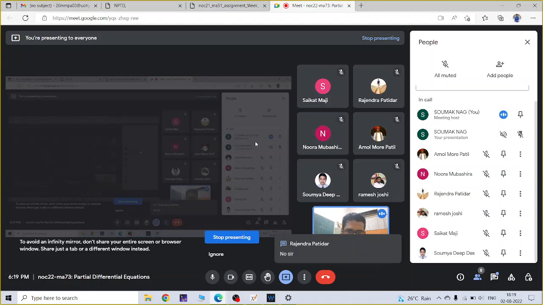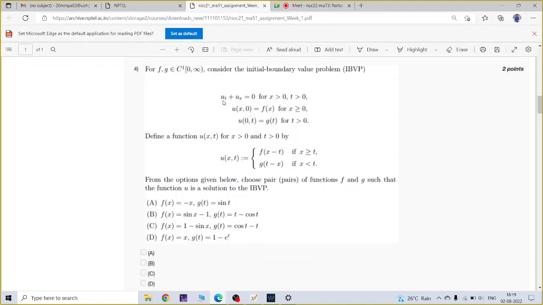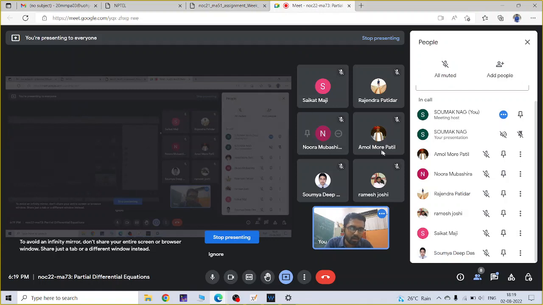No. Rajendra is no. Okay, I will tell. Anyone know how to solve this linear PDE? This is linear because the coefficient of u_t is 1, which is independent of x and t, and again the coefficient of u_x is 1. Amal or Ramesh or Somodeep Das. Okay, so sir, please help us to solve.